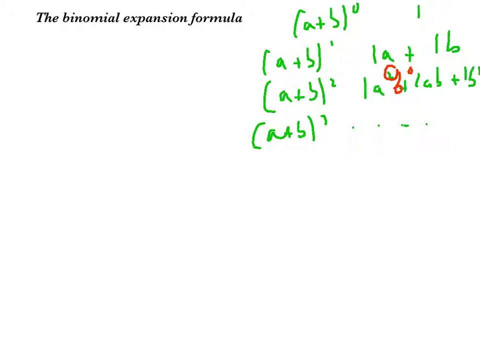So each time, the power of a started with n, and b started with 0, and then the power of a reduced by 1 every time until finally it went to 0, whilst the power of b increased by 1 all the time, going up to the final n. That was the pattern we noticed from Pascal's triangle.